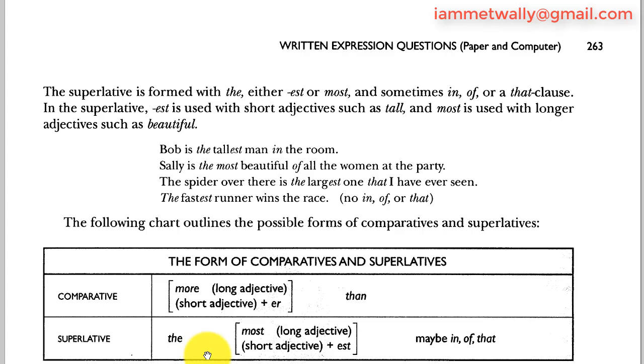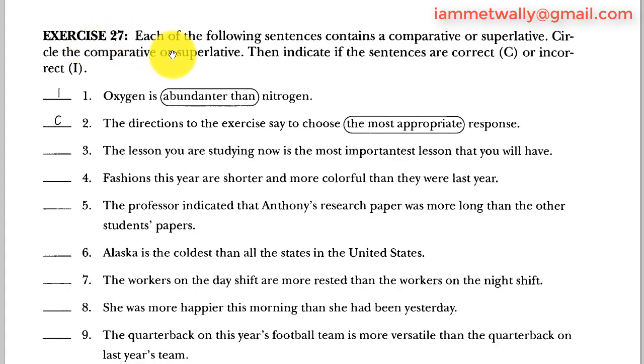Now let's go to the exercise. Exercise 27. Each of the following sentences contains a comparative or superlative. Circle the comparative or superlative, then indicate if the sentence is correct, C, or incorrect, I. Number 3. The lesson you are studying now is the most importantest lesson that you will have. The lesson is the subject.